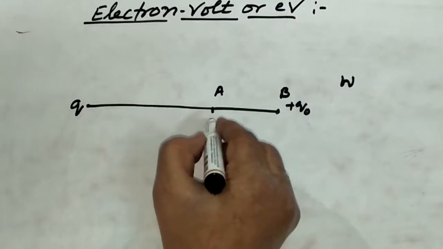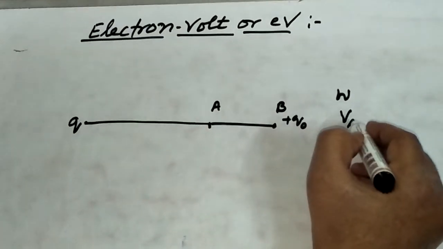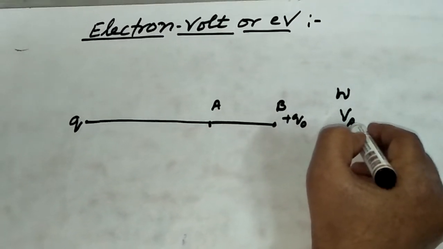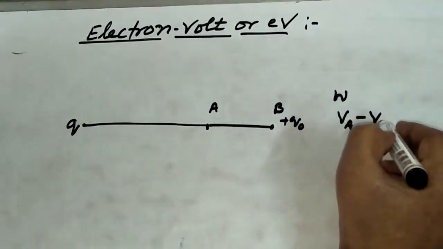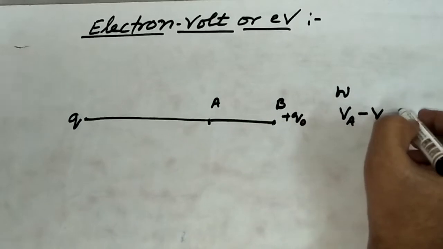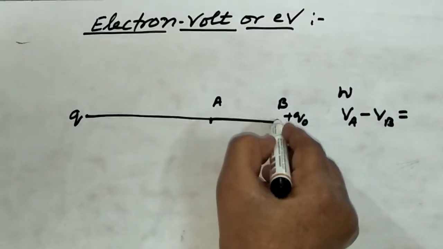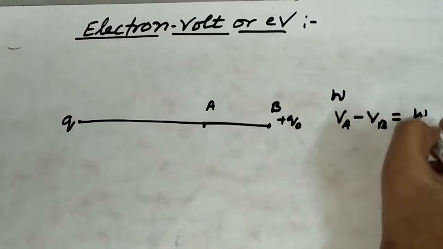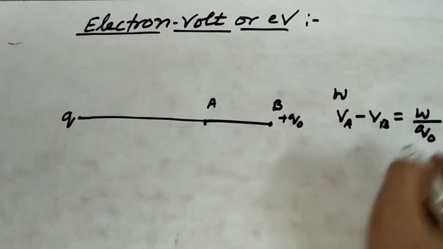So the potential difference is given by VA minus VB, that is, potential in the final state minus potential in the initial state. This potential difference is equal to the amount of work done W divided by the magnitude of the test charge.